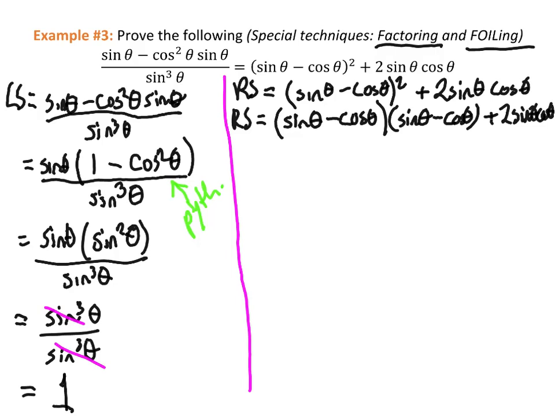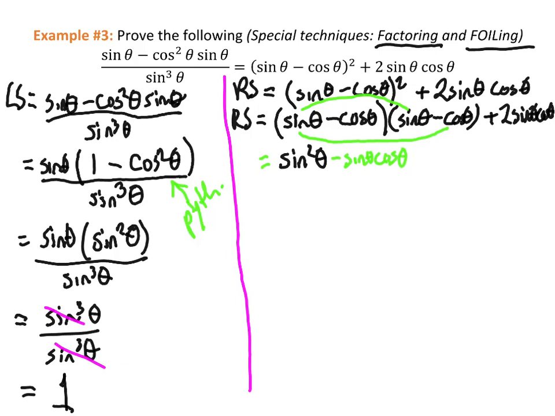So for foiling, we're going to need to multiply our first terms first here. So the first terms, sine theta times sine theta, that's going to make sine squared theta. Next, you're going to want to multiply your outside terms, so sine theta times negative cos theta. So it's going to be negative sine theta cos theta.